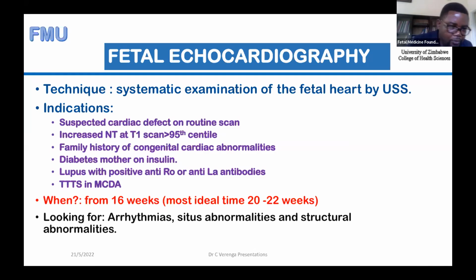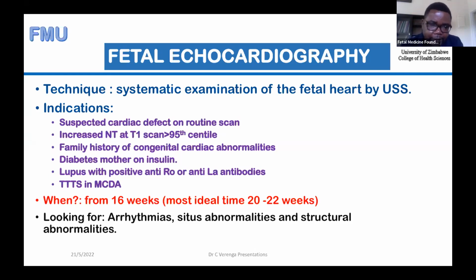Then women who have lupus with positive anti-Ro and anti-La antibodies. It is important that if you are looking after women with lupus, you know whether they are positive for anti-Ro and anti-La antibodies, because we know that they have the potential to cause heart block. So it is important that the anti-Ro and anti-La antibody status be known.